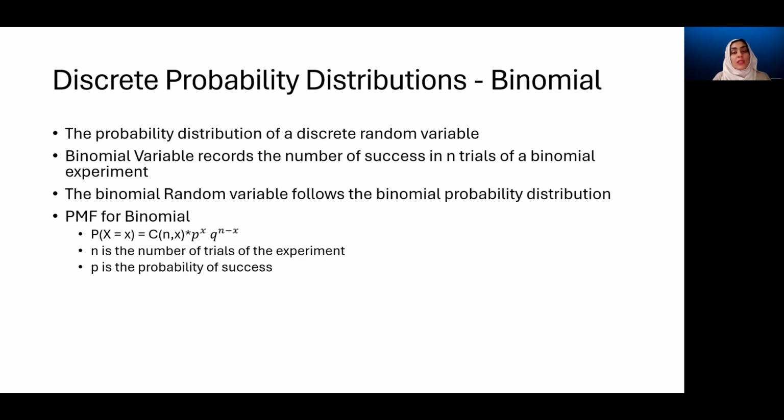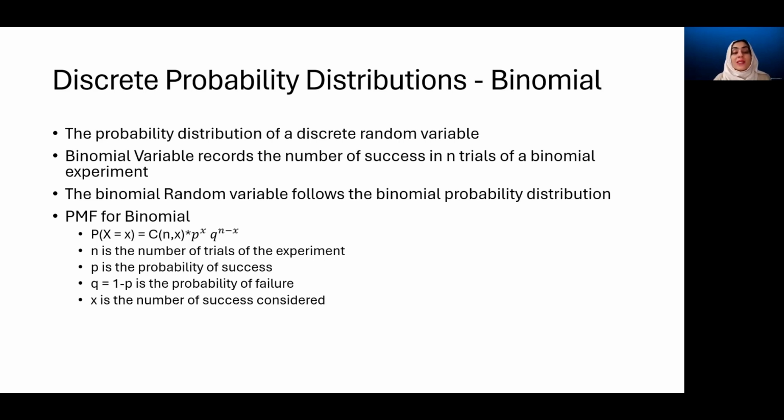But whatever the probability is, it should remain the same for every trial. So every time the next person is entering the university, the probability of her being a girl or being a boy should remain the same. So P is the probability of success. Q is the complement of that, which is the probability of failure.